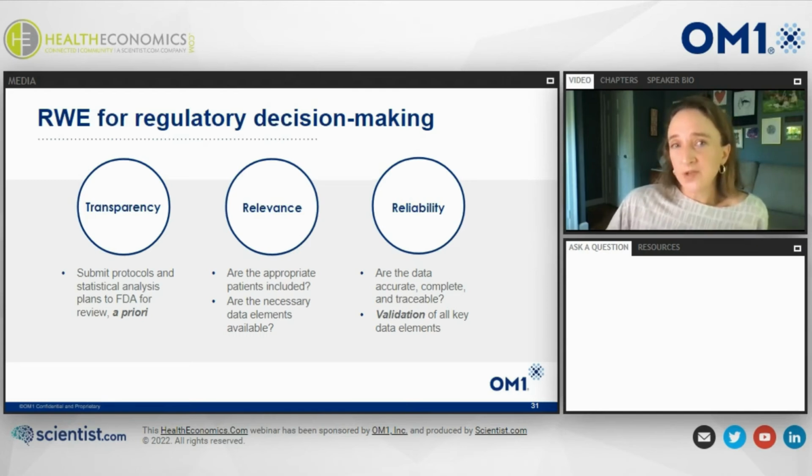And what the agency is really asking here is to validate some of these data elements with another source of information, ideally a gold standard. This is oftentimes a very big ask when we're looking in real world data. It's not uncommon for us to really only have one source of data on a particular data element.